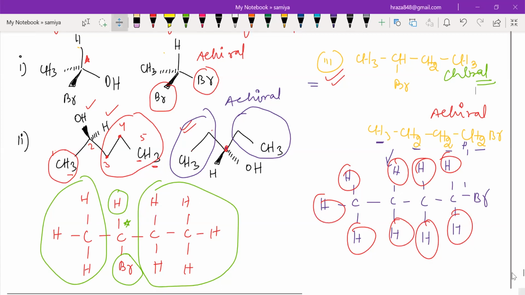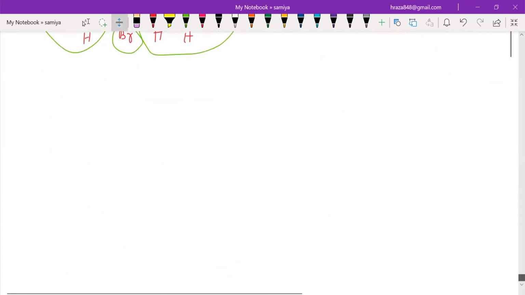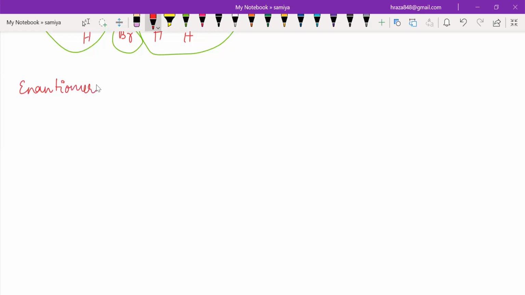Now see, we have another term, that is enantiomers. So basically, what is an enantiomer? I'm going to define it first, then we will see.